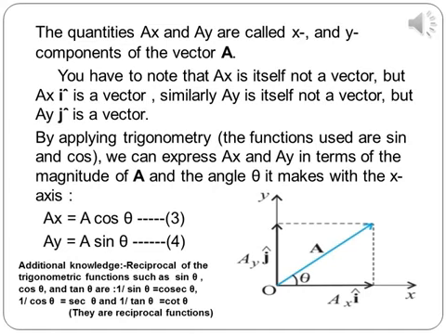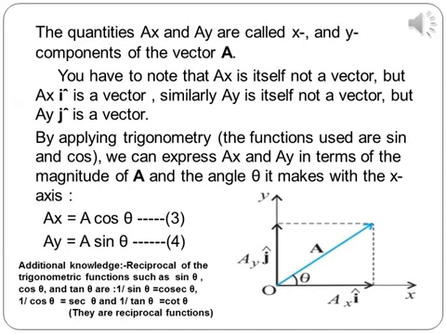Then, by applying trigonometry, the functions used here are sine and cos. Tan you studied earlier. What are the sine and cosine functions? From a right triangle, sine theta is equal to the opposite side of the right triangle divided by its hypotenuse, and cos theta is equal to its adjacent side divided by its hypotenuse.